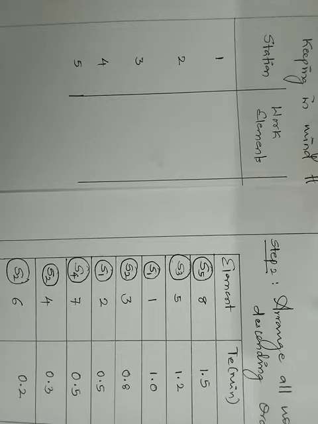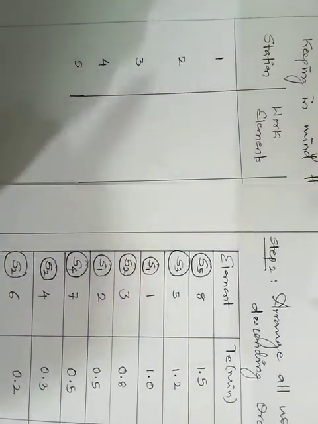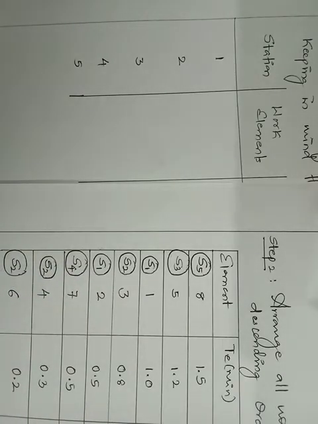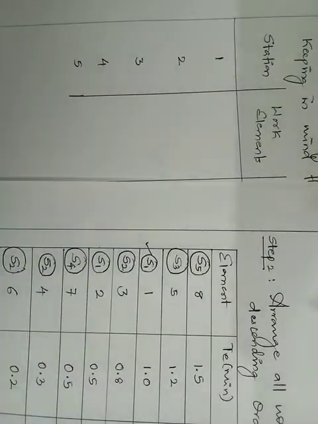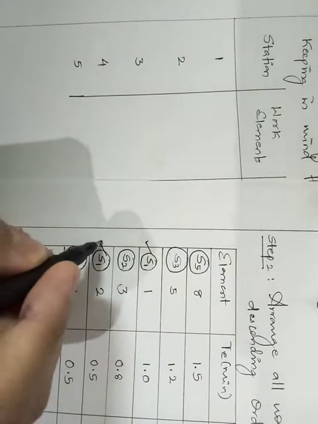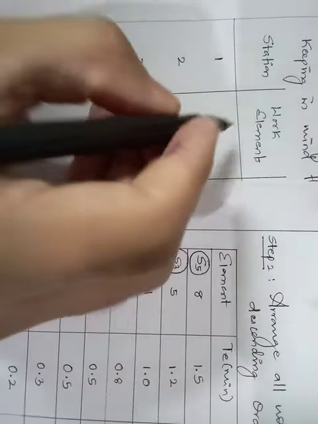Work elements. So work elements which come under station 1, how do you get them? Wherever there is S1, that is a work element coming under station 1. So under station 1 you are having work element number 1 and work element number 2.